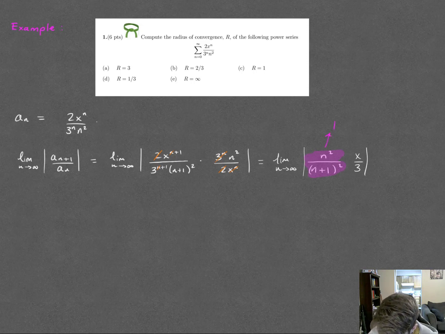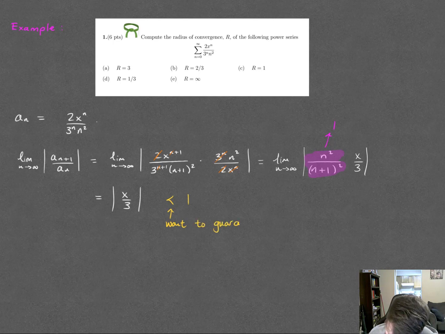So this limit is equal to just the absolute value of x over 3. Now, we want this to be less than 1 to guarantee convergence by the ratio test.